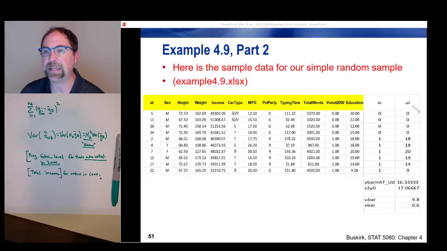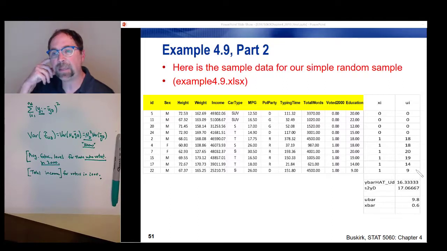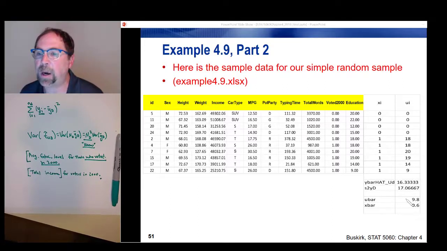Now, my y bar hat d is effectively going to be the u bar, the average of these elements here, divided by the x bar, and that gives me 16 1/3. And then my s squared yd is the sample variance of only the non-zero elements here. You can see here that u bar is 9.8, x bar is 0.6.